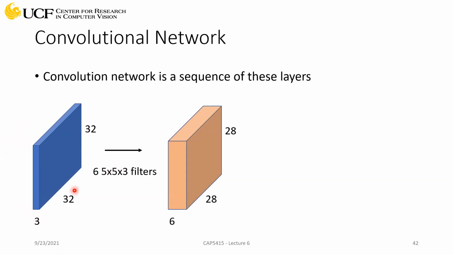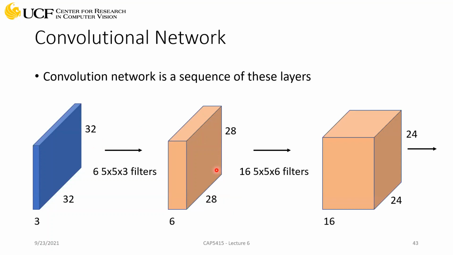So in this case, you can see that this is the input image, again the same resolution, same depth. This is the first convolution layer, and again we are using 6 filters of this resolution, so you get a depth of 6, and the resolution reduces to 28 cross 28 from 32. And this is the second layer. In this case, you're using 16 filters. And again, the shape is 5x5x6.